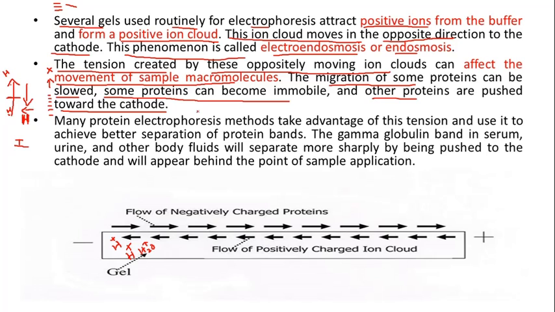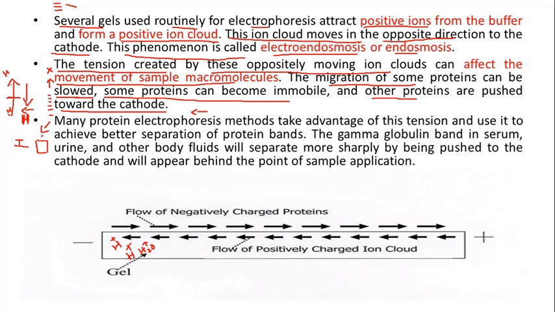These proteins are pushed to the cathode, but they can migrate oppositely. It reduces the migration, otherwise called slowed, or some proteins are not immobile. Some other proteins are pushed toward the cathode, but we never attain the expected resolution of the separation.